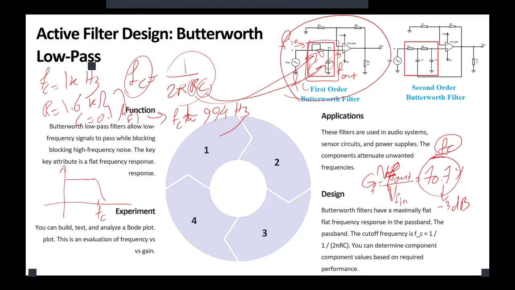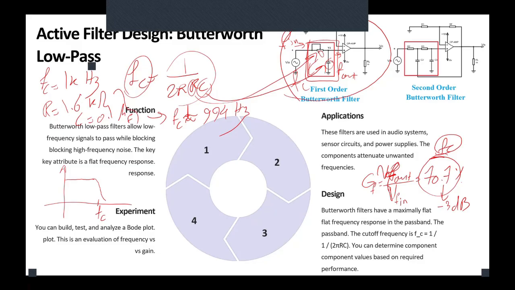Like for a first order Butterworth filter, that drop happens at a rate of minus 20 decibels per decade. Decade means here it's a logarithmic plot. So the rate here is minus 20 dB over the decade, and it goes very fast to nearly zero.